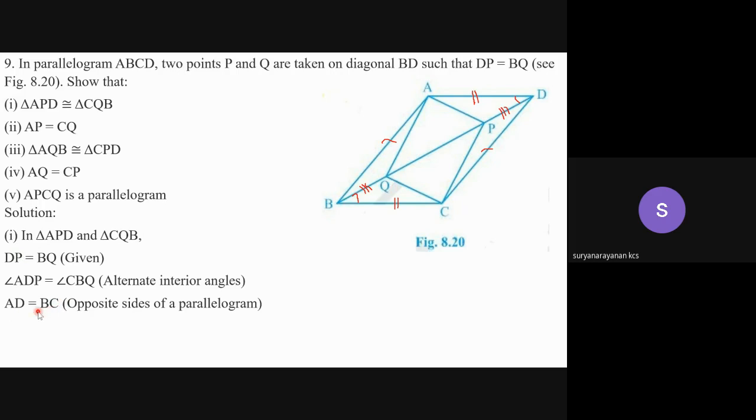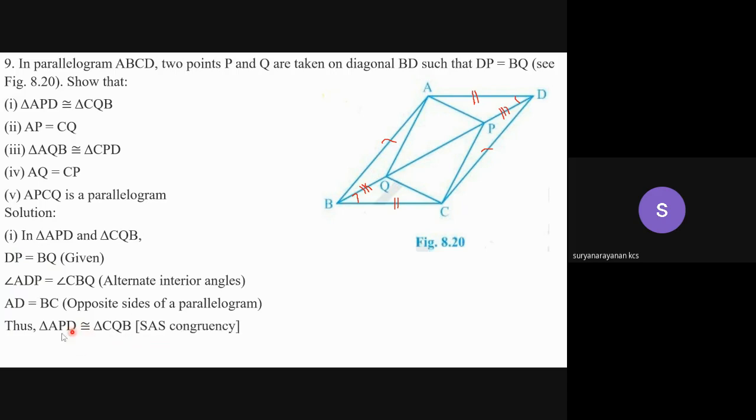Then what is the criteria? Which criteria are we using here? SAS congruency. Yes, very good. By SAS congruency criteria, we can say that the two triangles APD and CQB are congruent.